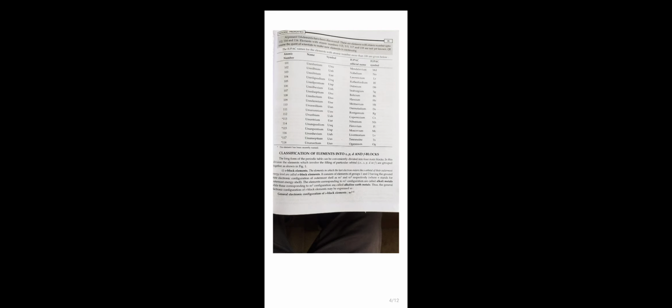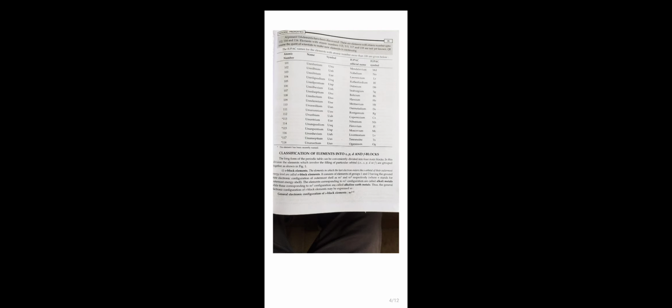s-block elements. The elements in which the last electron enters the s orbital of their outermost energy level are called s-block elements. It consists of elements of groups 1 and 2, having the ground state electronic configuration of the outermost shell as ns1 and ns2 respectively, where n stands for the outermost energy shell.